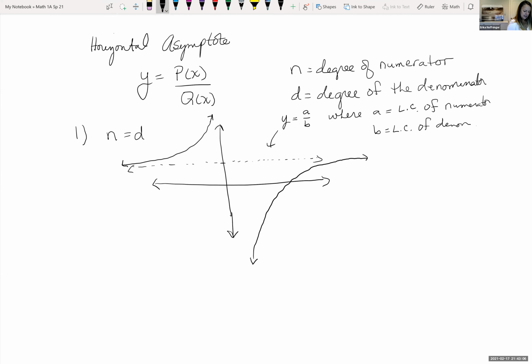If they're not the same, the degrees, maybe the degree of the denominator is larger. So D, that degree of the denominator, is bigger than N. If that's the case, then we do have a horizontal asymptote, and it's our x-axis.